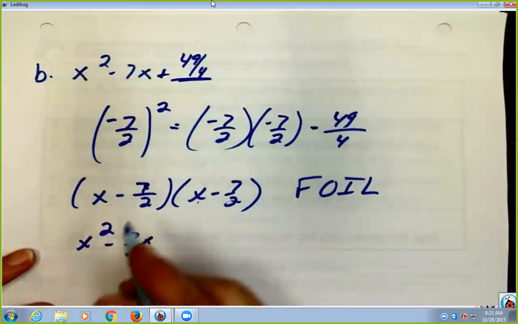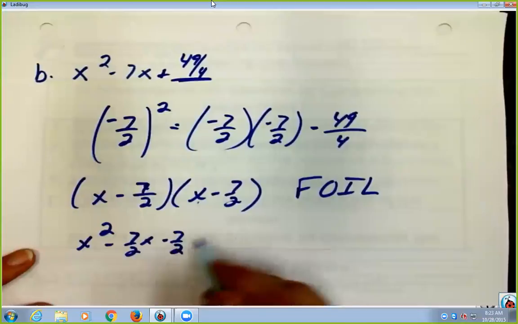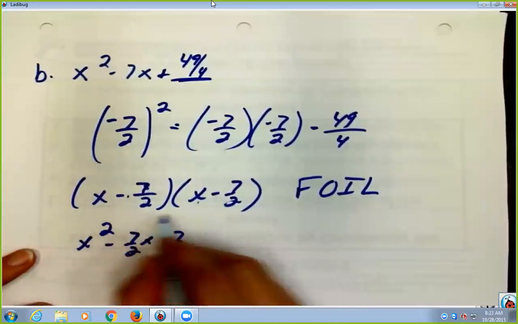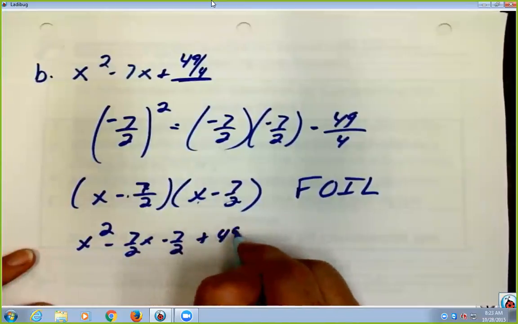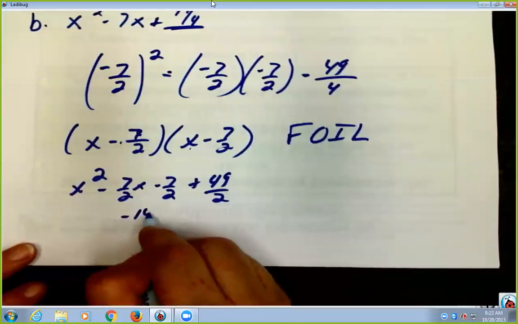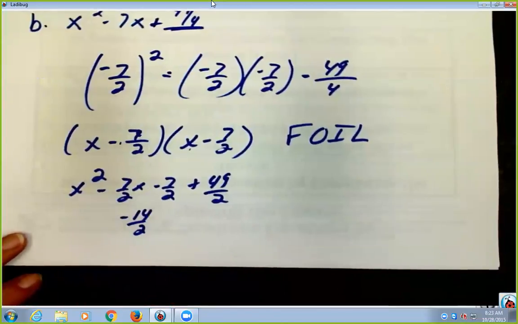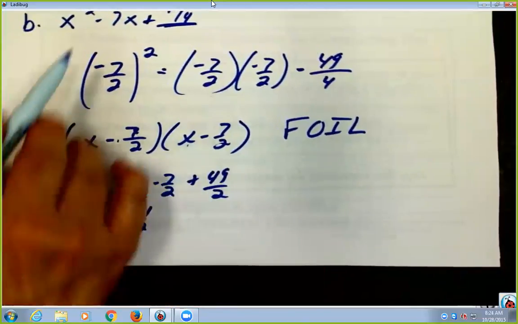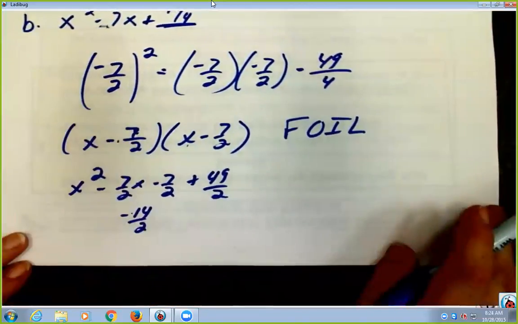Another -7 times that is another 7/2 x. -7/2 times a -7/2 is that plus 49/4. But when you take these two and add them together, you get a -14/2. So 2 goes into a -14 7 times, so that's where that -7 comes back.